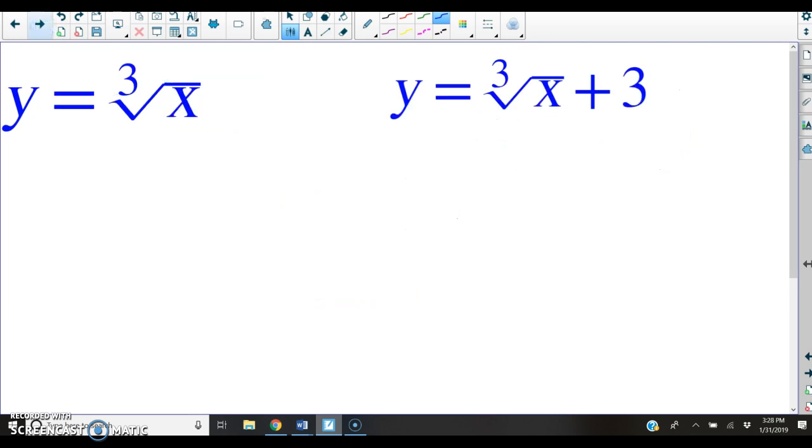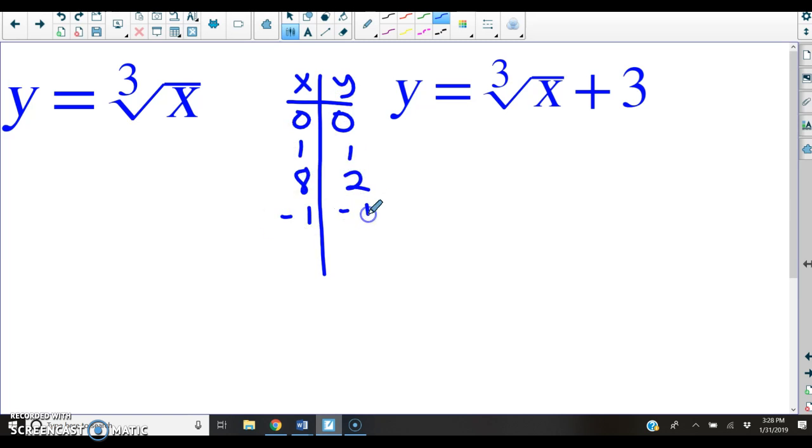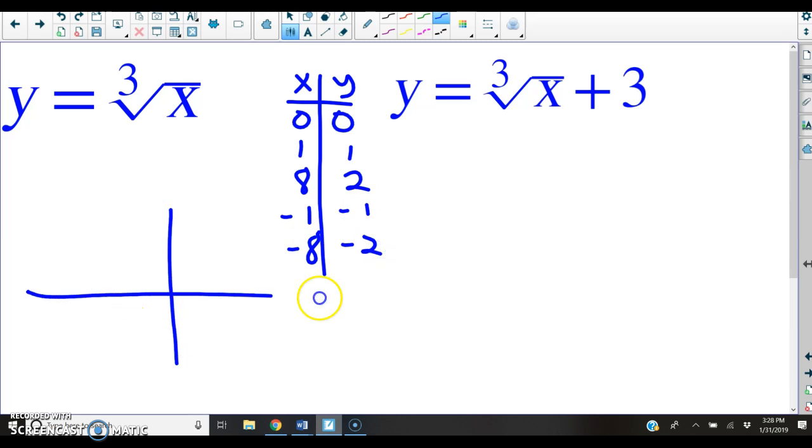Okay? How is cube root different? Well, remember, you can cube root negatives. So when we make our table, if we have 0, of course, the cube root is 0. But if we put in 1 or 8, we'd want to put in -1 and -8, because when you cube root negatives, you get a negative.